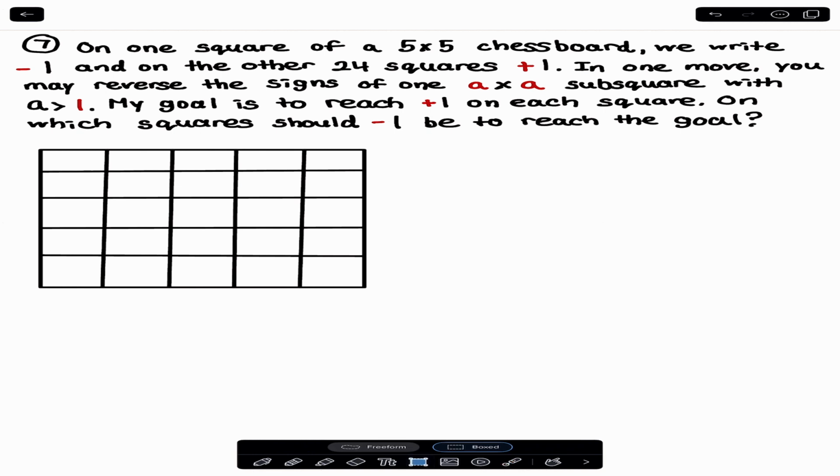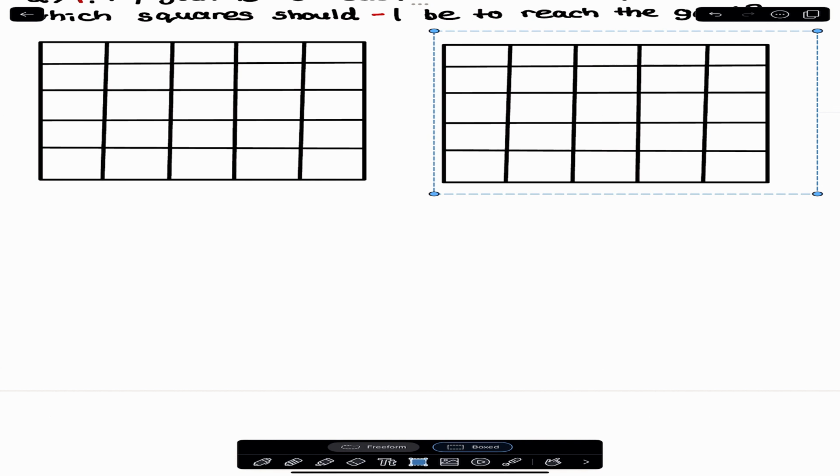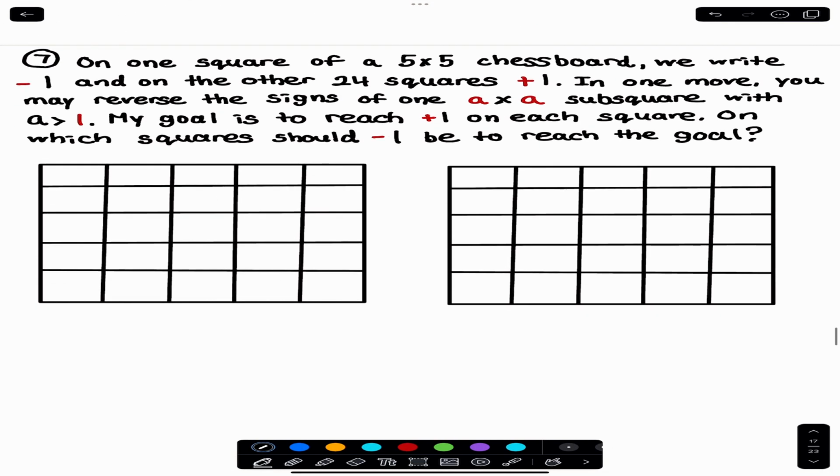As usual, I encourage you to just play around with the problem a bit, which is exactly what I'm going to do. We can even just, let's say, since only one of these squares has a -1, let's just put it here and see what happens. And then the rest are filled with positive ones.